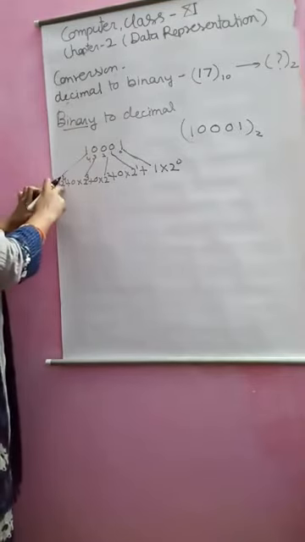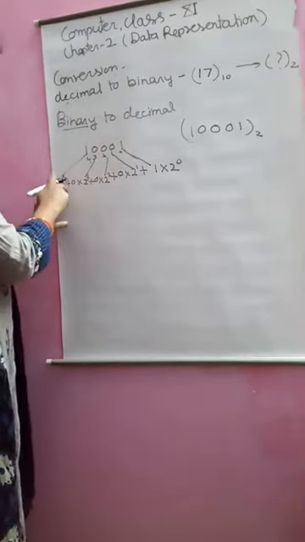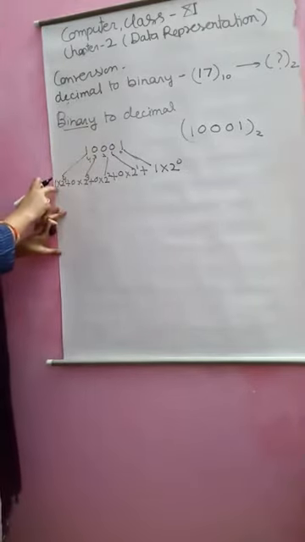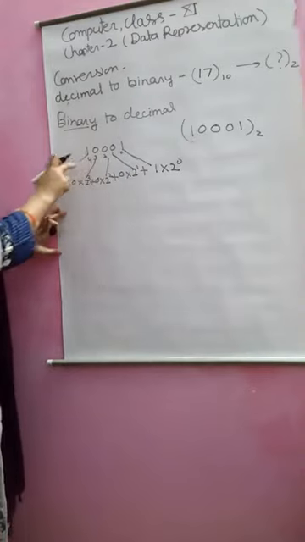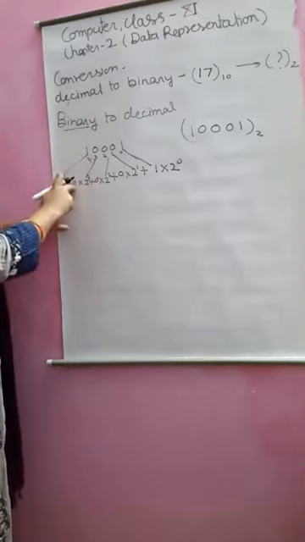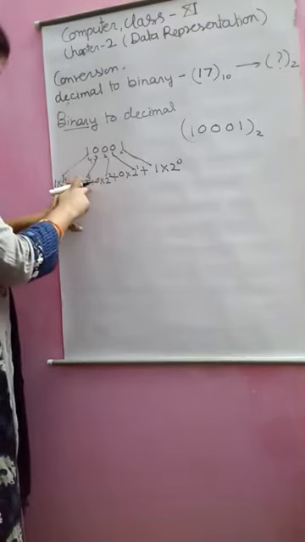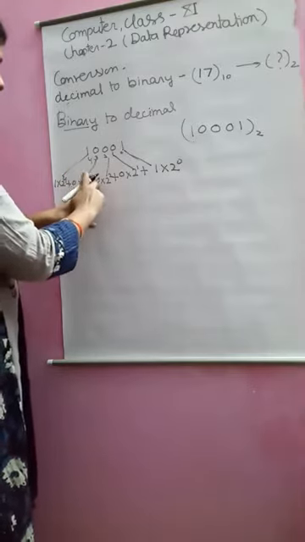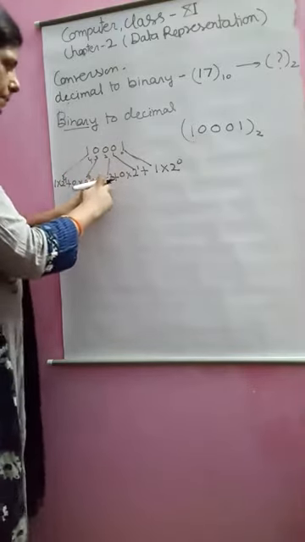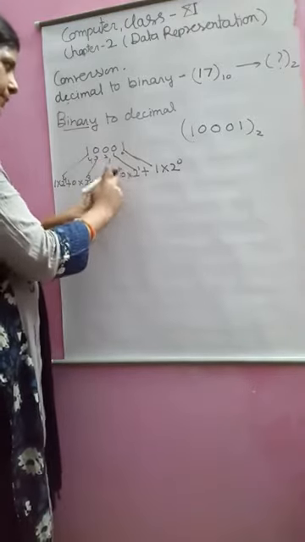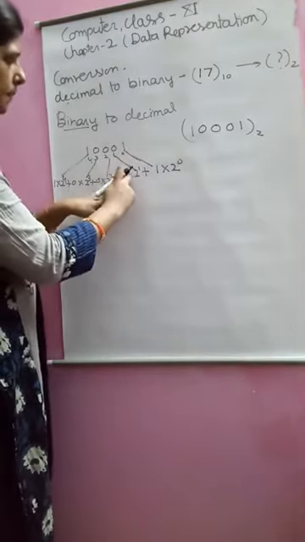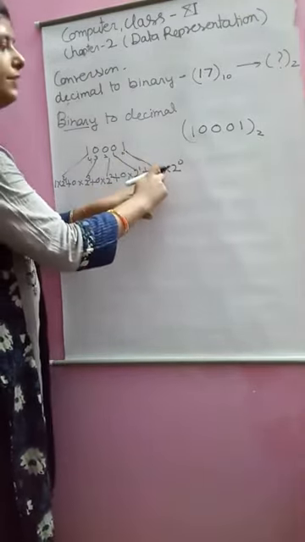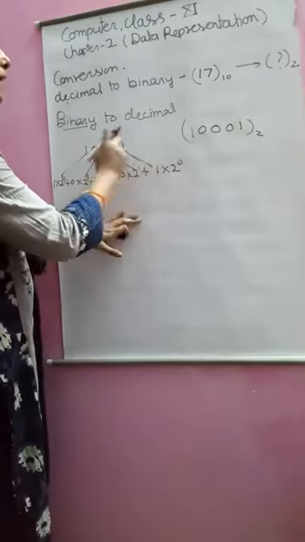Each digit value is multiplied by the base to the power of its position number, starting from 0, right?